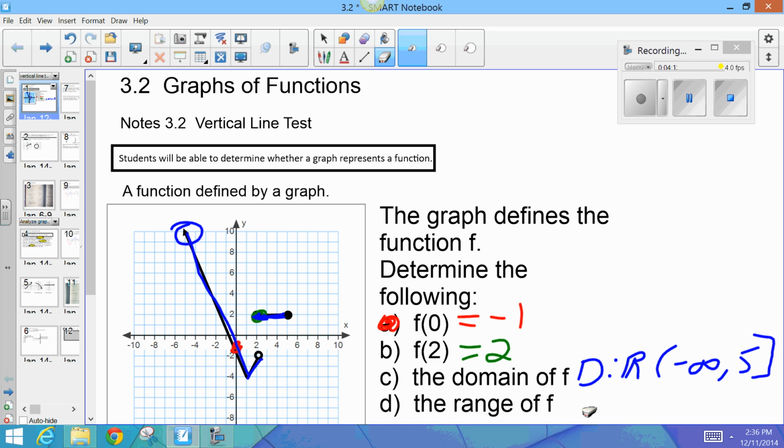The range are the y-coordinates. Let me erase this. I'm going to do this in purple now. We're going from bottom to top. It looks like my y-coordinate here is -4. There's nothing below -4, so -4 is the smallest number that y can be.